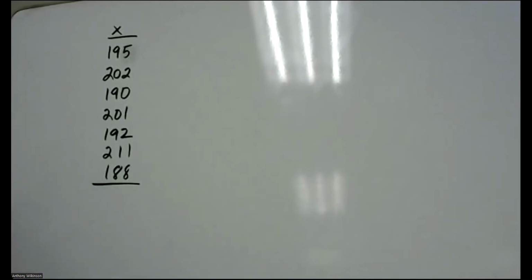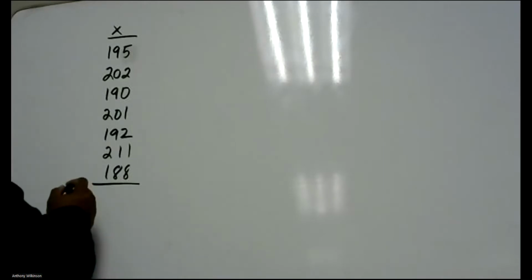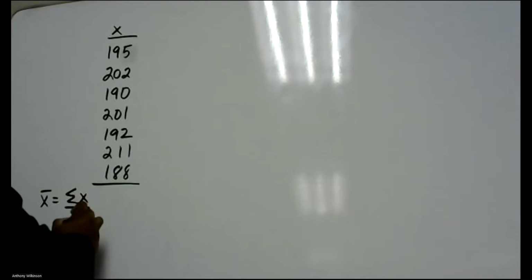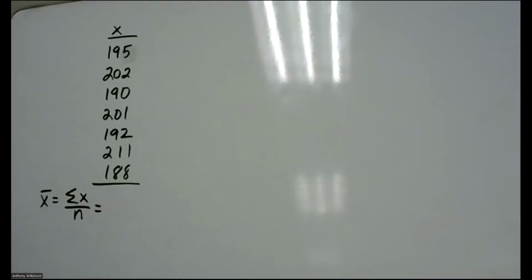The first thing we need to do is find the mean of these 7 data values. Of course, x bar is the sum of the x's divided by n. So we first add 195 plus 202 plus 190 plus 201 plus 192 plus 211 plus 188.